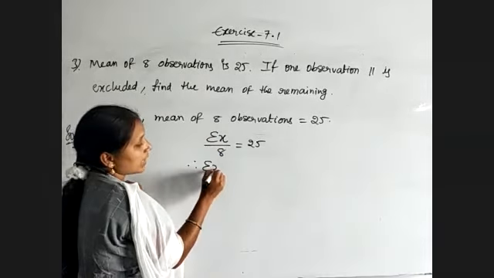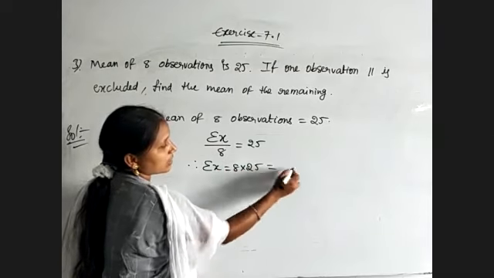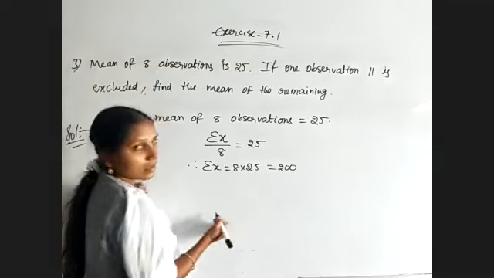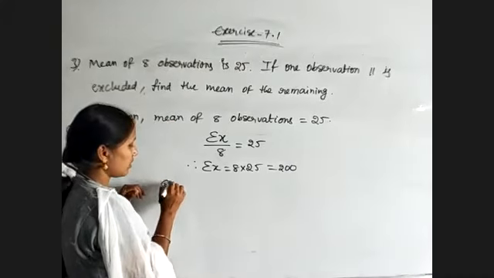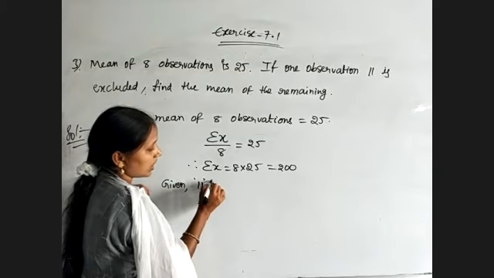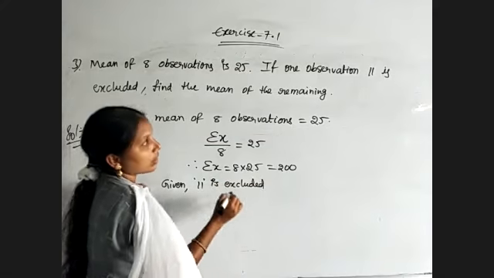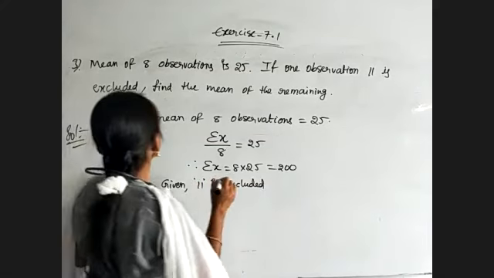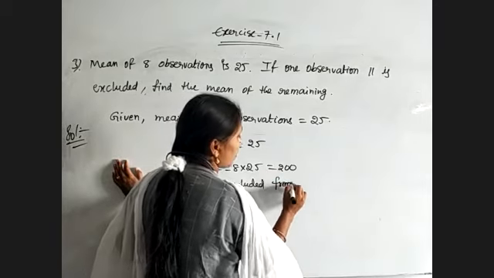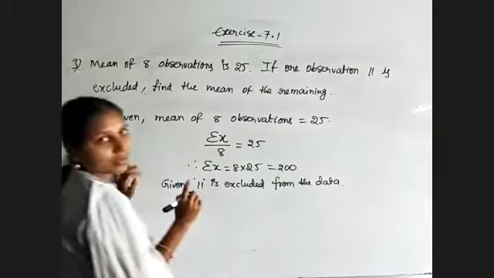Therefore, sigma x is equal to 8 into 25: 8 fives are 40, 8 twos are 16 plus 4 is 20, so 200. Given, 11 is excluded from the data. That means removed from the data.